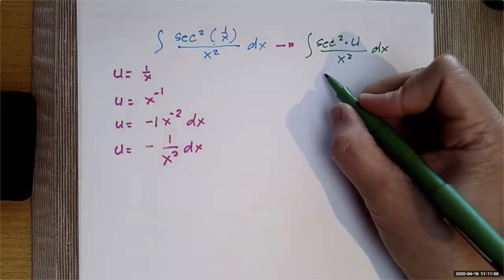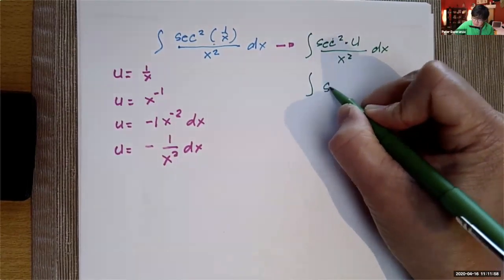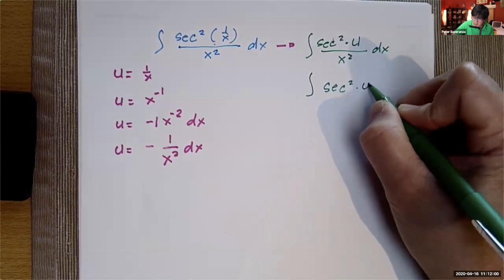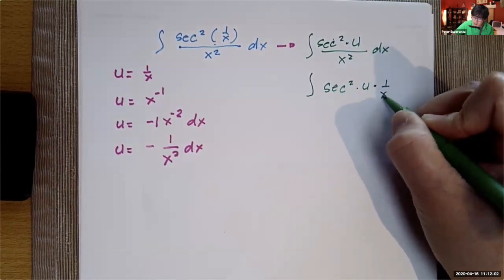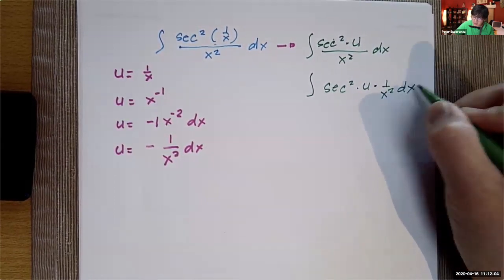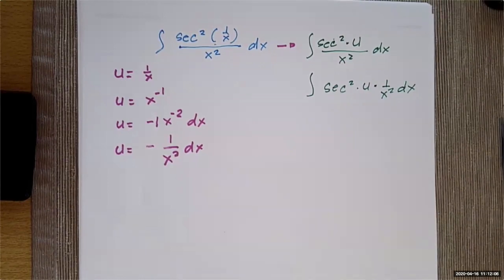Okay, let me change it again. Integral of secant squared u times 1 over x squared dx. Are you seeing it now? Yes. Okay, so what am I going to do now? Change the 1 over x squared dx to du.